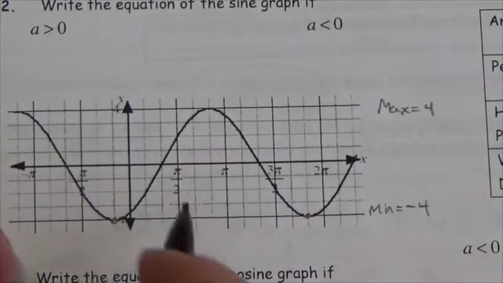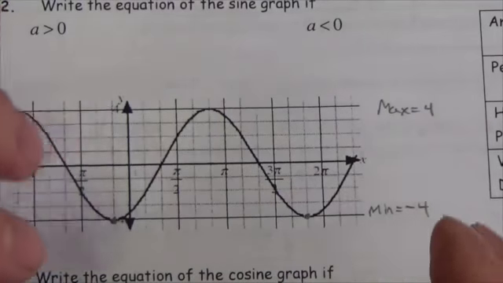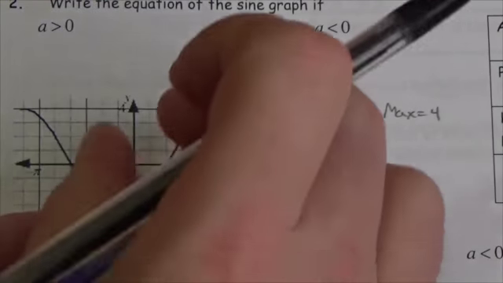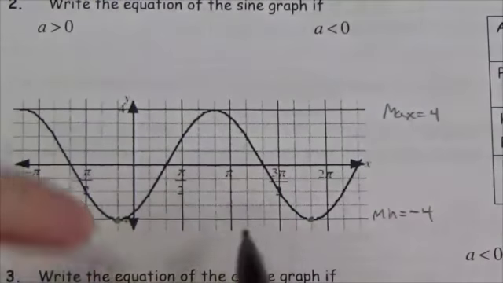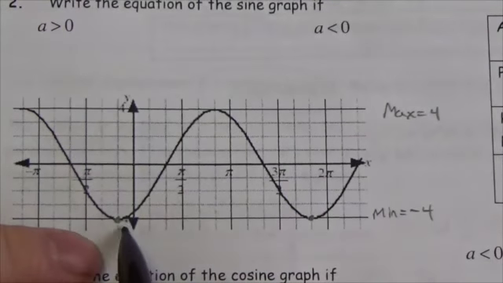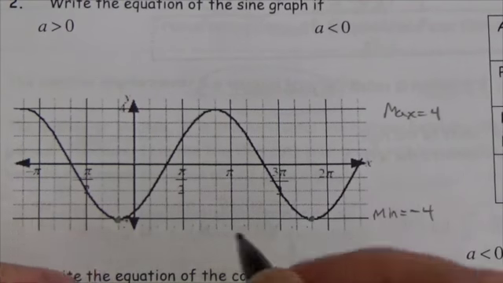Instead of trying to figure out what the period is, I'm just going to count. I'm going to turn this into a counting problem. How many blocks, how many little marks on the grid, are encompassed by this period? That's going to be 1, 2, 3, 4, 5, 6, 7, 8, 9, 10, 11, 12. 12 blocks.